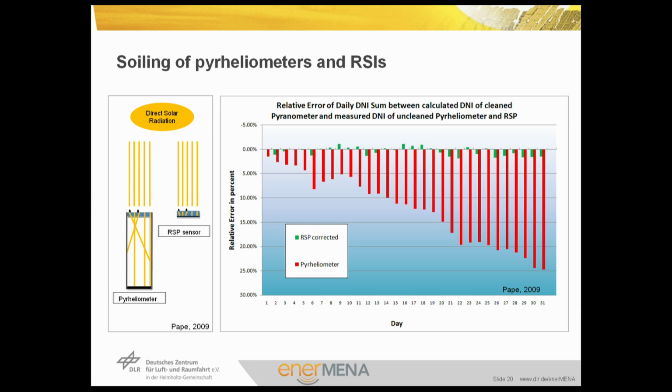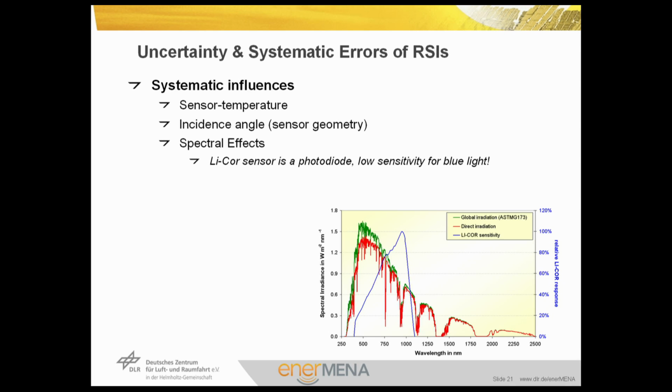For the RSI, we see the results in green. So in the first 2 weeks, we see some negative and some positive deviations. At the end of the comparison, we can see that the RSI is dirty, and therefore we only find negative deviations. For the pyrheliometer, the situation is different. Here, the relative error increases practically day by day. RSIs also have disadvantages.